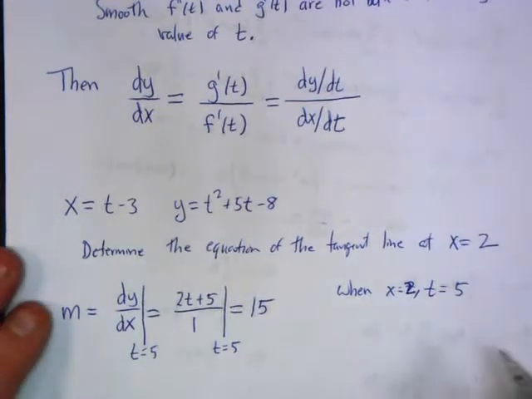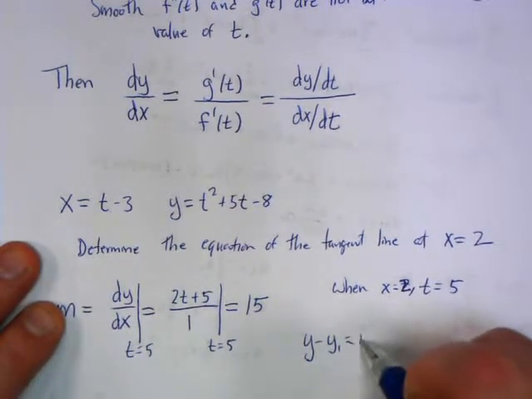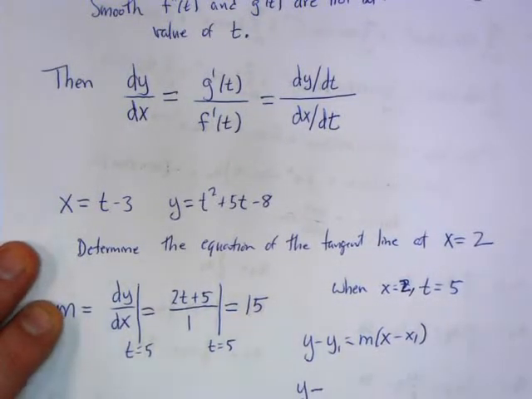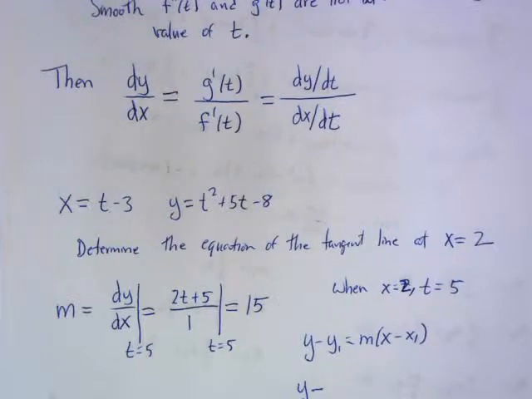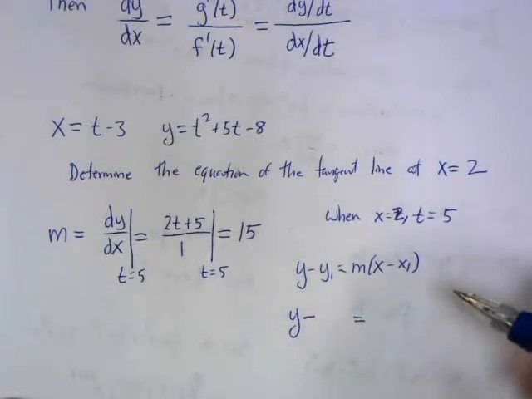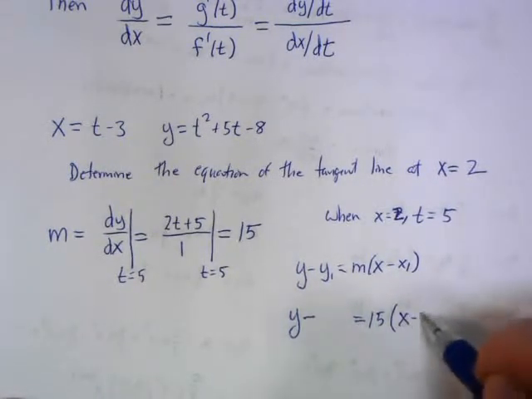All right, now I use my favorite little formula here. y minus y1 equals m times x minus x1. y minus, what's my y1 number? I don't know, I'll come back to it. Equals m. m we figured out was 15 times x minus 2.